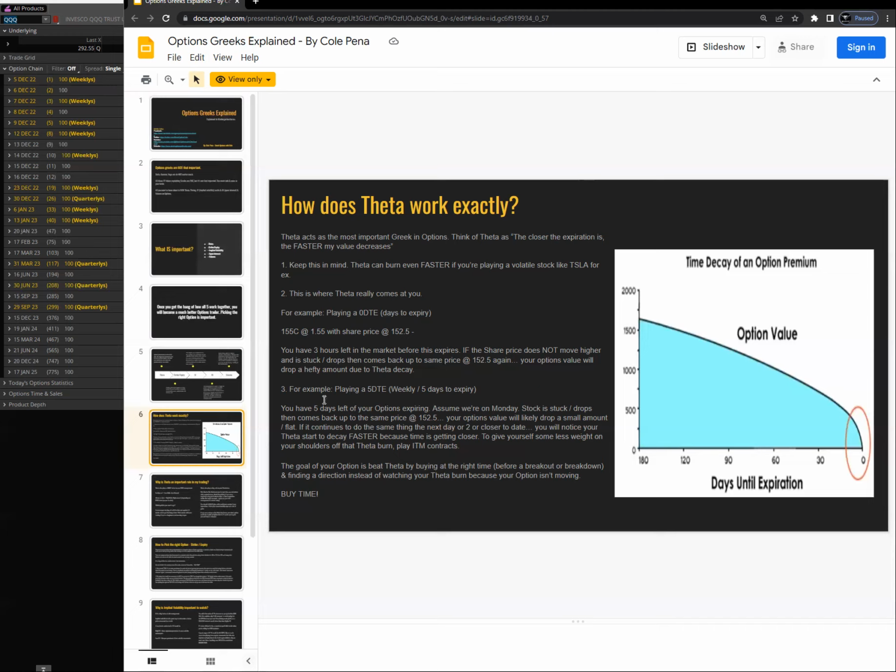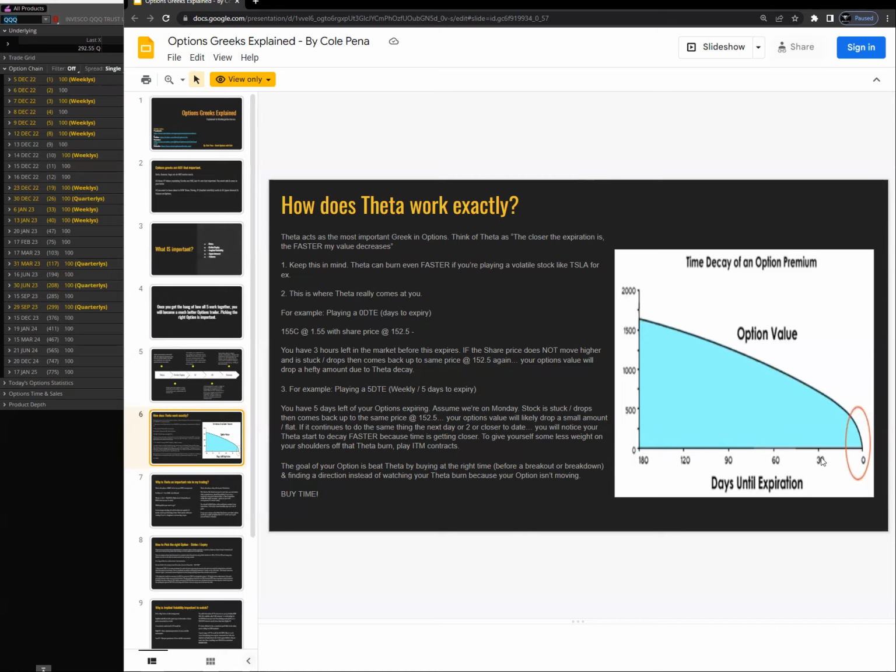So on the picture right here, we have time decay of an option premium. This is days to expiration, and this is the option value. We have 180 days, 120 days, 90 days, 60 days, 30 days, and 0. Let's pretend that these are shorter term expirations.